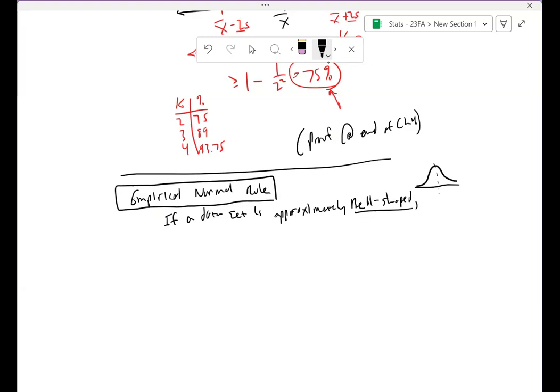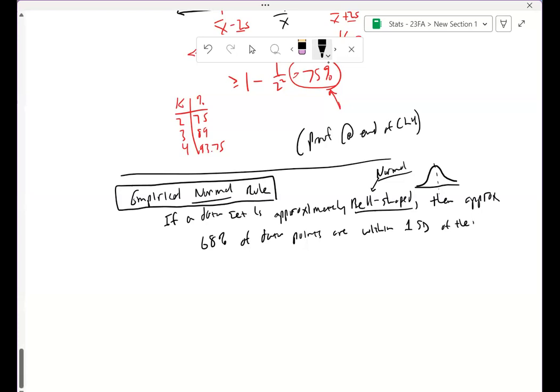And as I mentioned before, the bell-shaped distribution is also called the normal distribution, which is where the normal in the empirical normal rule comes from. So if the data set is approximately bell-shaped, then approximately 68% of the data points are within 1 standard deviation of the mean.